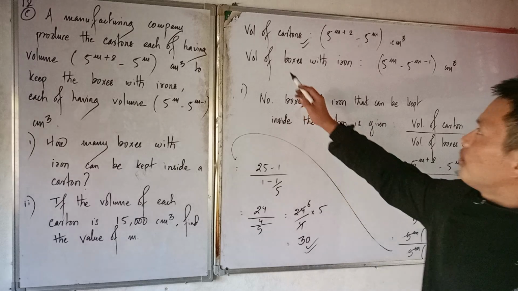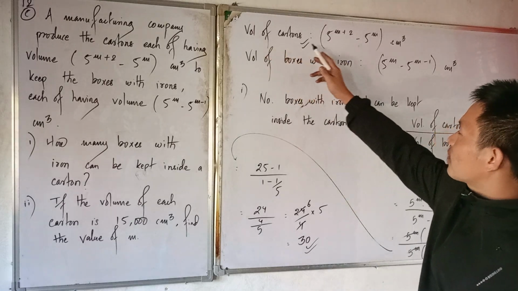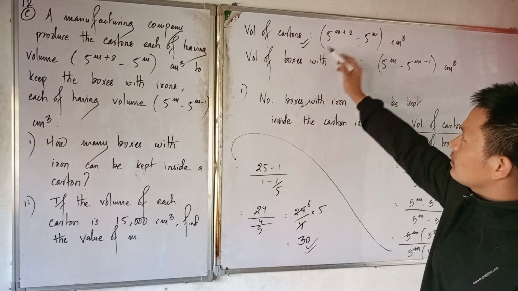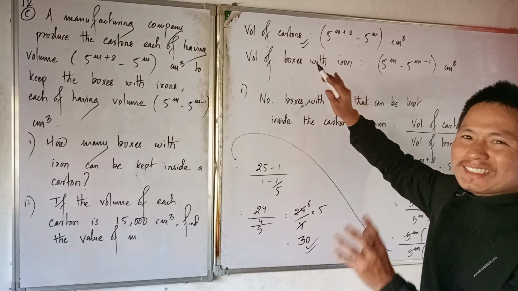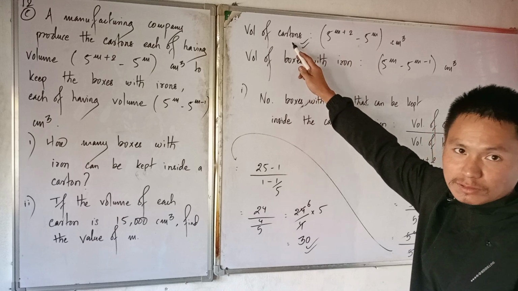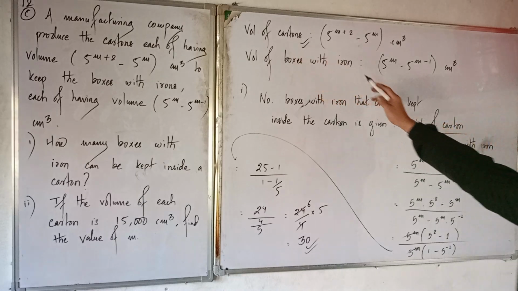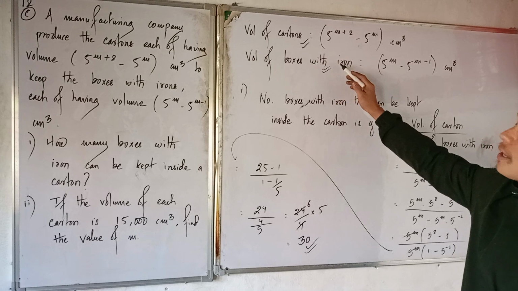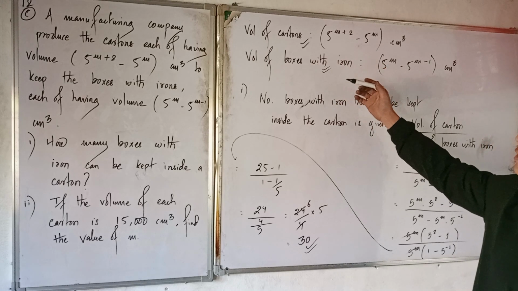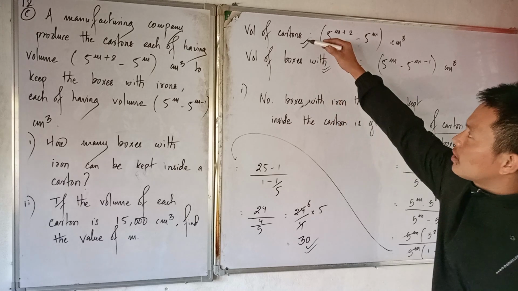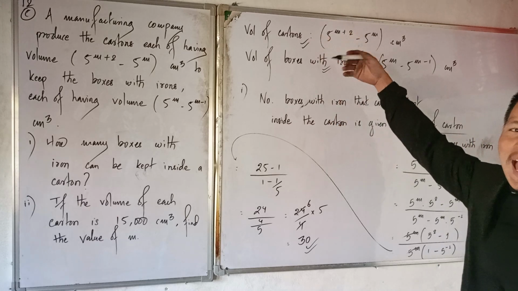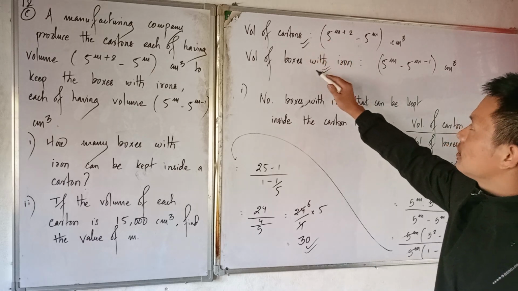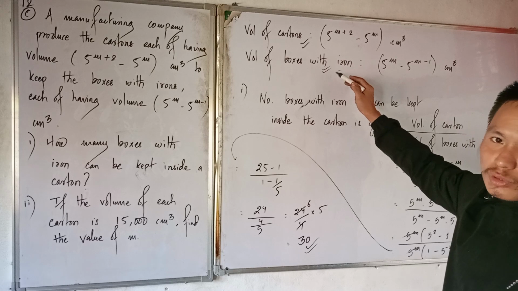So here the volume of cartons is given, and volume of boxes with iron is to be kept inside these cartons. This volume of cartons is comparatively bigger than the boxes with iron, because the thing inside which something has to be kept must be a lot larger than the thing which is to be kept.